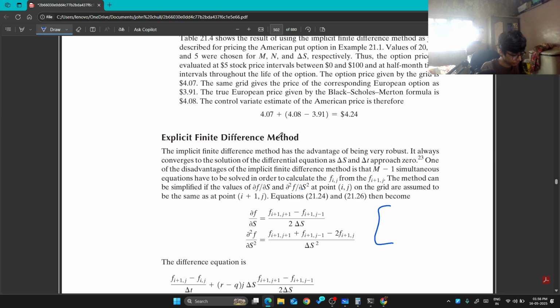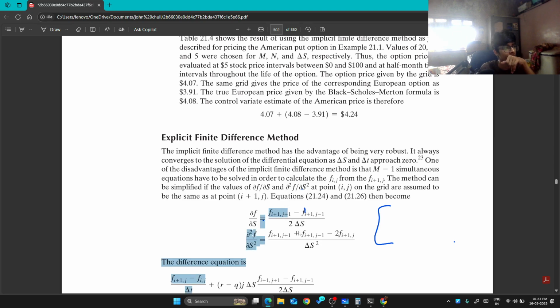Implicit method. So you just remember the formula, I don't know what to explain.